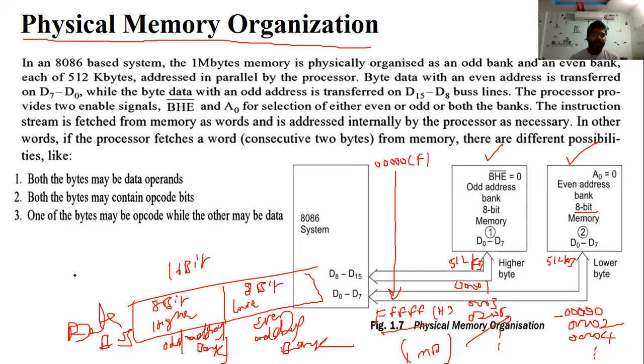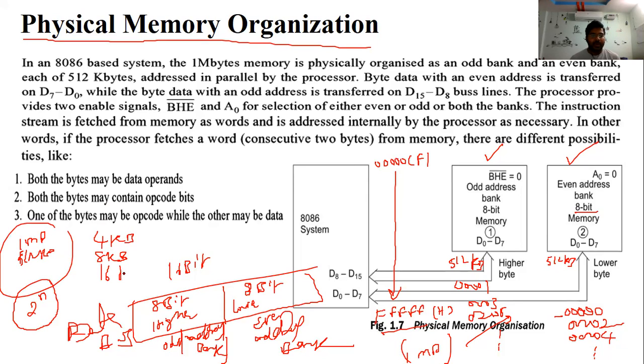But in practice, whether it is 1 MB or 512 KB, it is not available directly. The available sizes are 4 KB, 8 KB, multiples of power of 2. Remember, the semiconductor memory device sizes also depend upon 2 power n: 4, 8, 16 KB or 32 KB and so on.